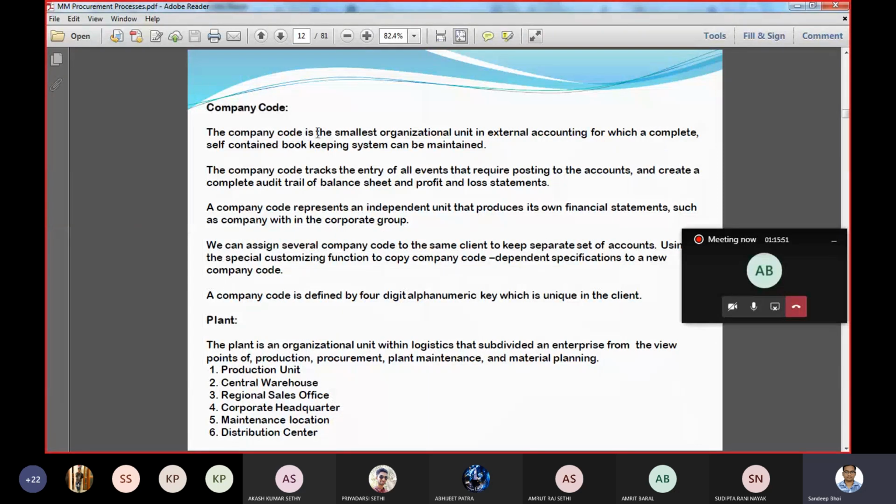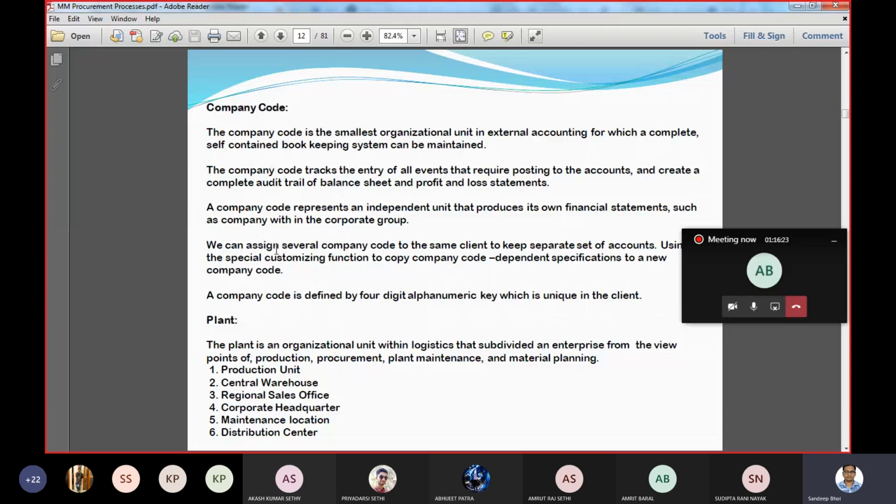The company code is the smallest organizational unit in external accounting for which a complete self-contained bookkeeping system can be maintained. A company code tracks all events that require posting to the accounts and creates a complete audit trail for the balance sheet and profit and loss. A company code represents an independent unit that produces its own financial statement, such as a company within the corporate group.